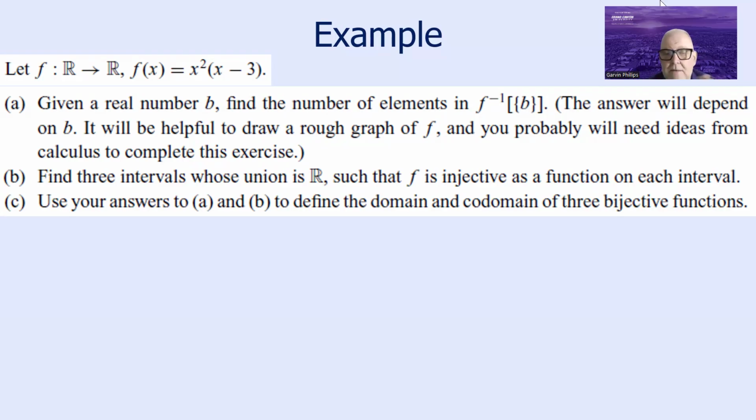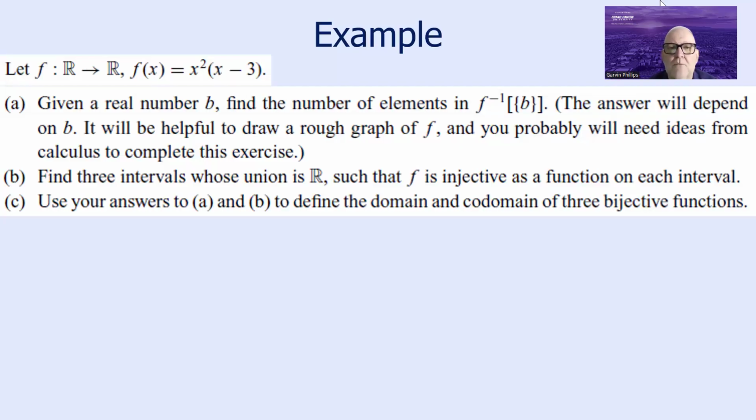You may want to distribute that x squared through and look at what this cubic function is, and maybe find intervals, and look at where it's increasing, decreasing. Again, calculus will help with this.